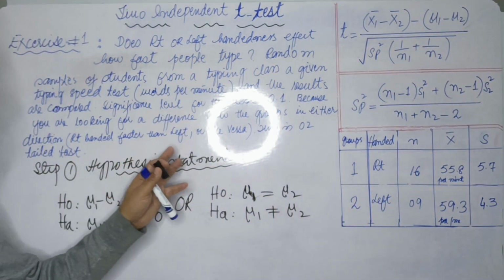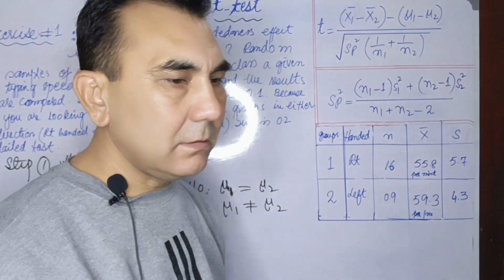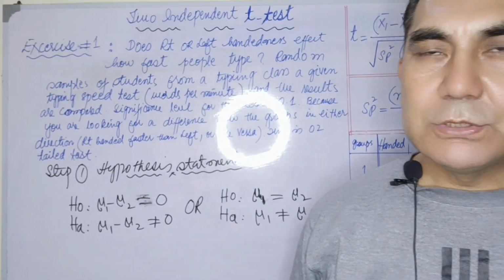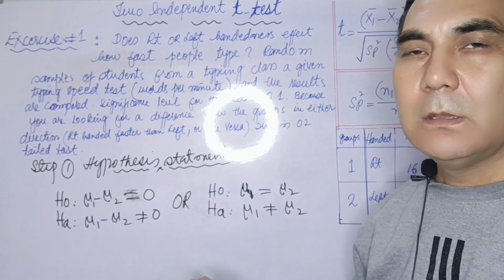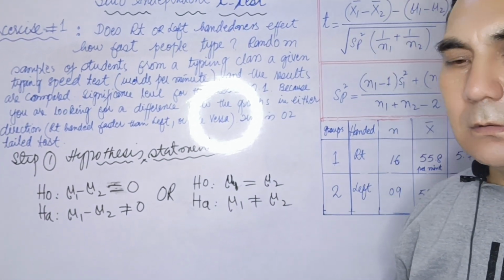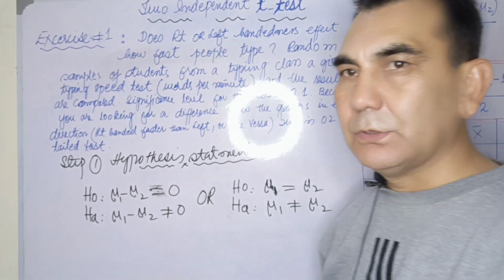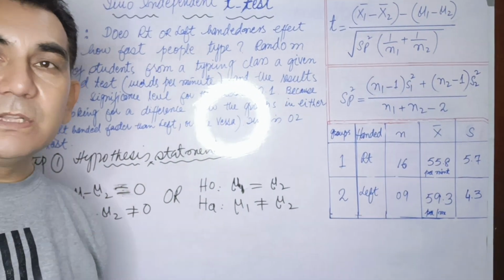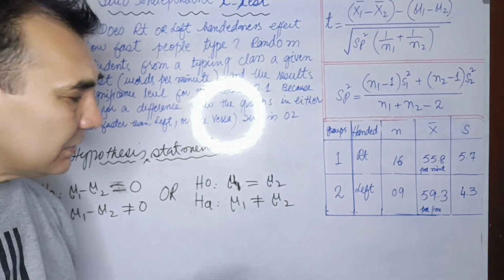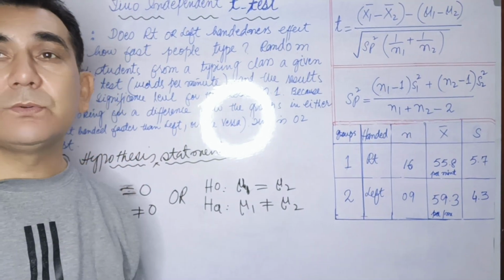It means the right-handed students' typing speed is different from the left-handed students' typing speed. So this is the hypothesis statement of the two independent t-test.